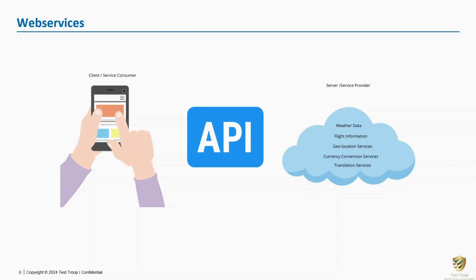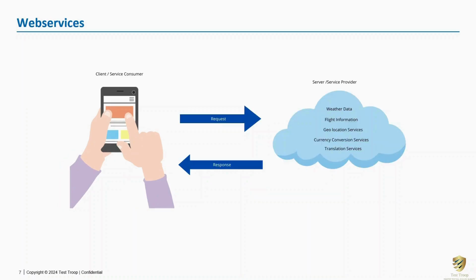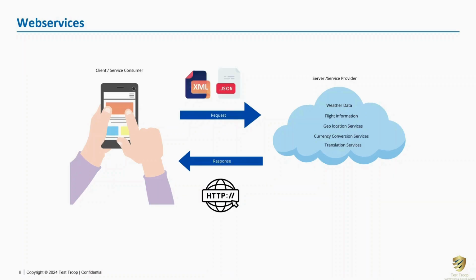to communicate programmatically. When an application or a system called a client needs some information or functionality, it sends a request to the server, which processes it and sends back a message which is called a response.